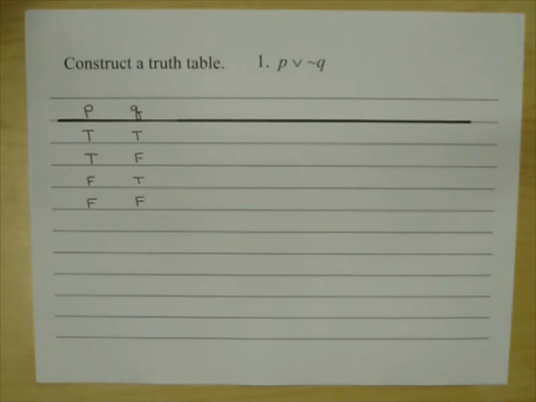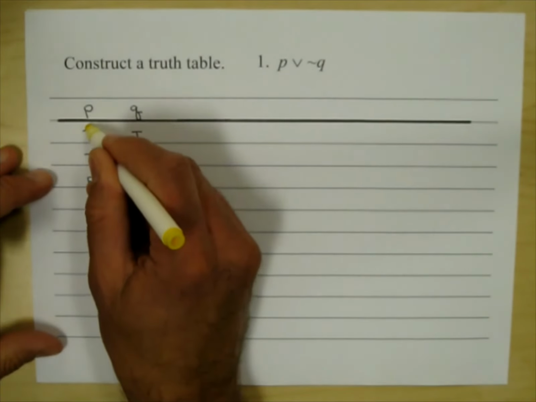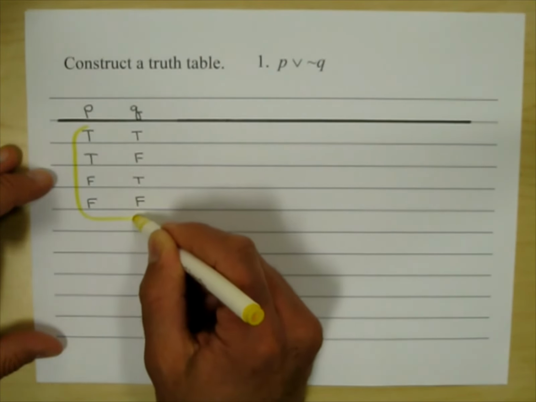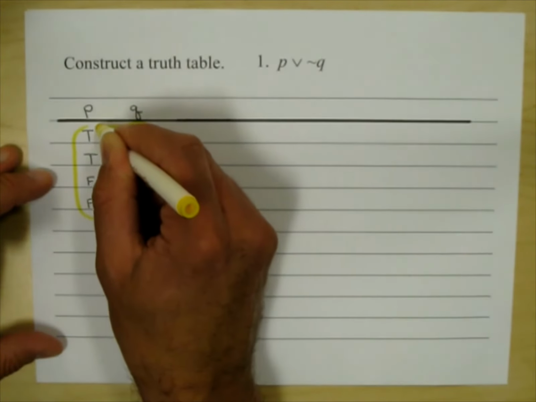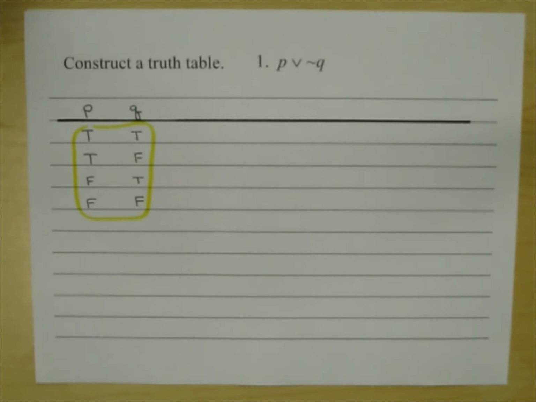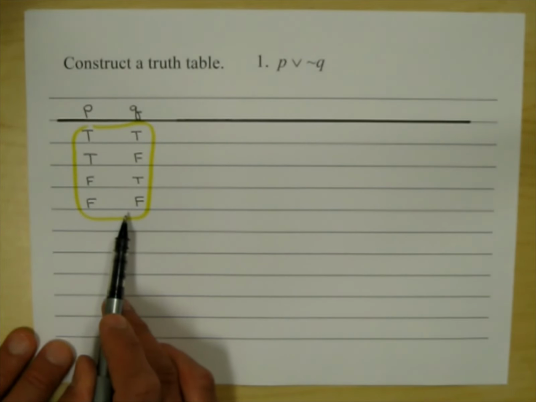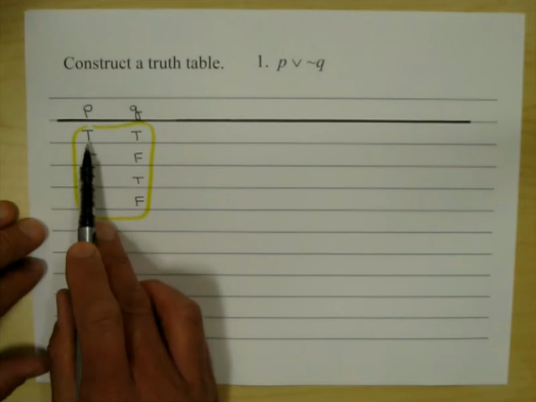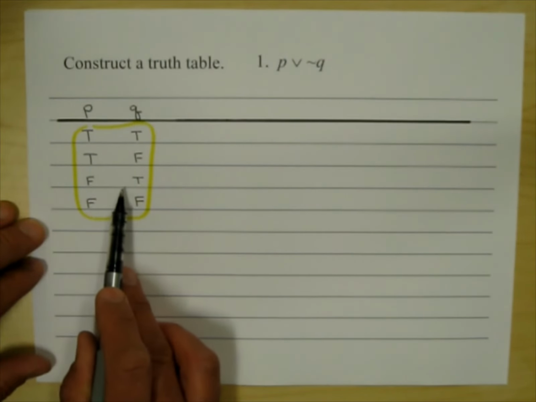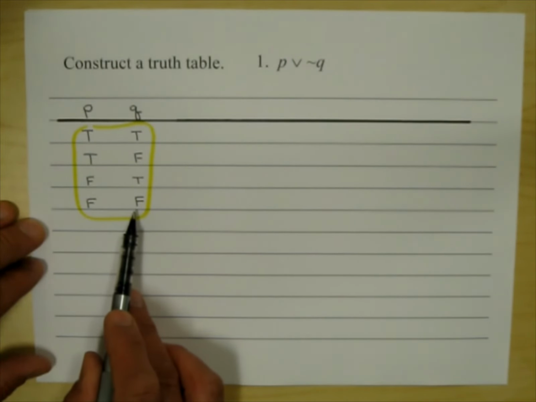So let me just highlight this part. Whenever you have 2 different letters in a statement and they ask you to do a truth table, you'll always start off like that. You have to put all 4 of the situations. So, can you put these 4 situations in any order?